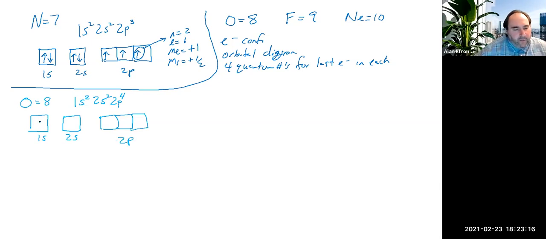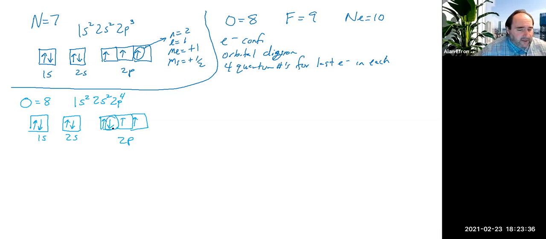So it would go in one and then down, up and then down. Again, this would go in one at a time. At this point, we have no choice but to come back around to the first one and start pairing it off right there. And that's what the orbital diagram would look like.